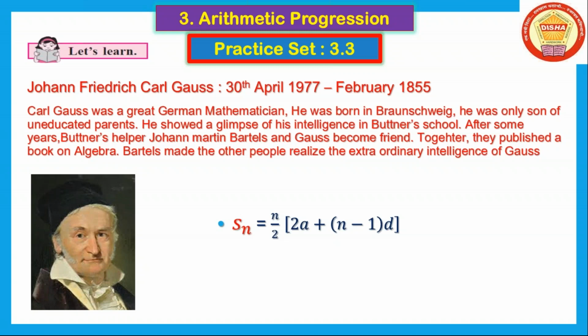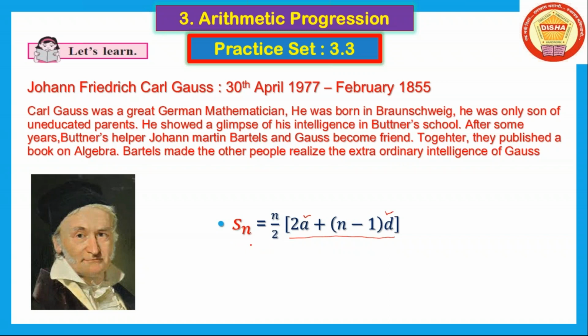He introduced one formula, which is Sn is equal to n upon 2 in bracket 2a plus (n minus 1) into d, where n is the number of terms, a is the first term in a given AP, and d is the common difference of an AP.